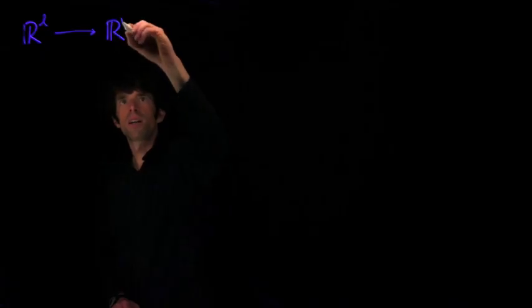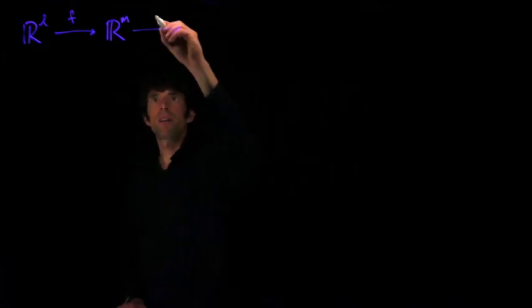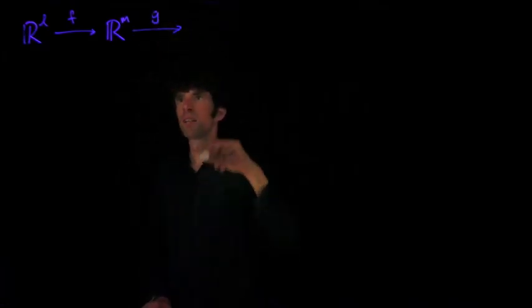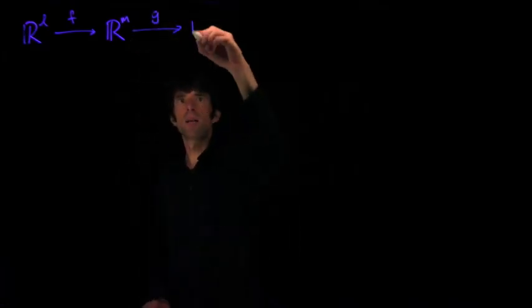We can compose functions. So if I have a function that goes from, let's say, R^l to R^m, and let's call this f. And let's suppose that we have another function g that goes from R^m to R^n.